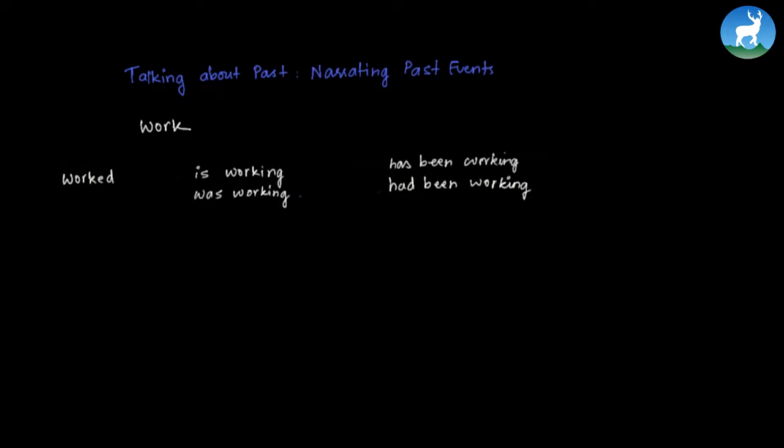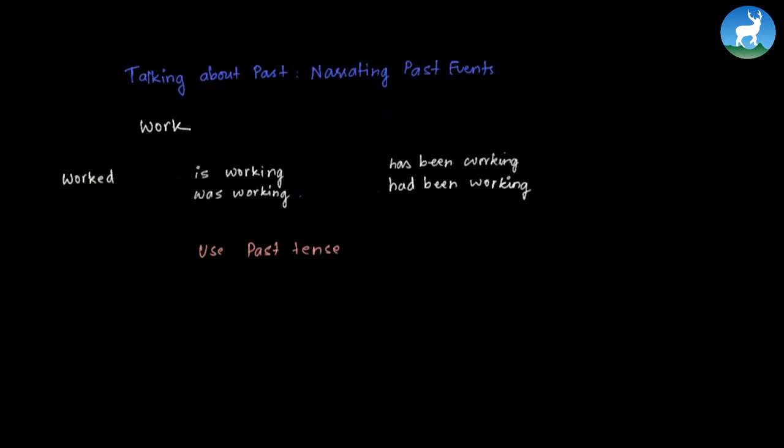So now we'll look at how we describe things and talk about past. While talking about past, as I said earlier, we always use past tense. There are many cases where we can use these.